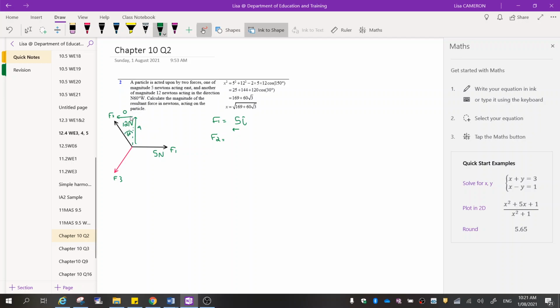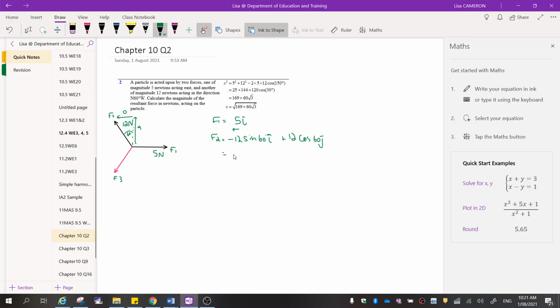Looking at the way it's acting, it's going that way, meaning it's going to be negative 12. It's sine because this is opposite, and it's 60 degrees because that's our ratio. The j direction plus because it's going up, 12 cos because it's adjacent, 60 j.